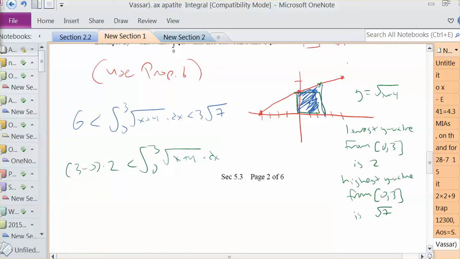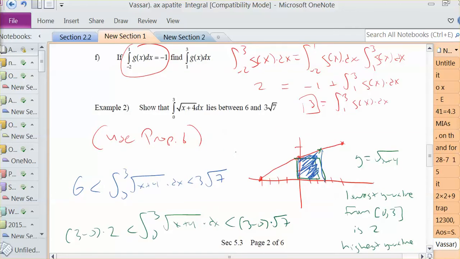And the width of the interval is still 3. And that essentially proves that the value of our definite integral has to lie between 6 and 3 root 7. If I shade another rectangle like that.